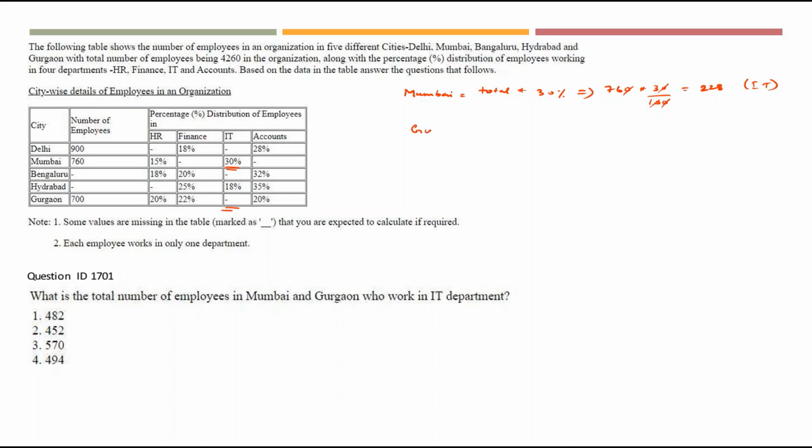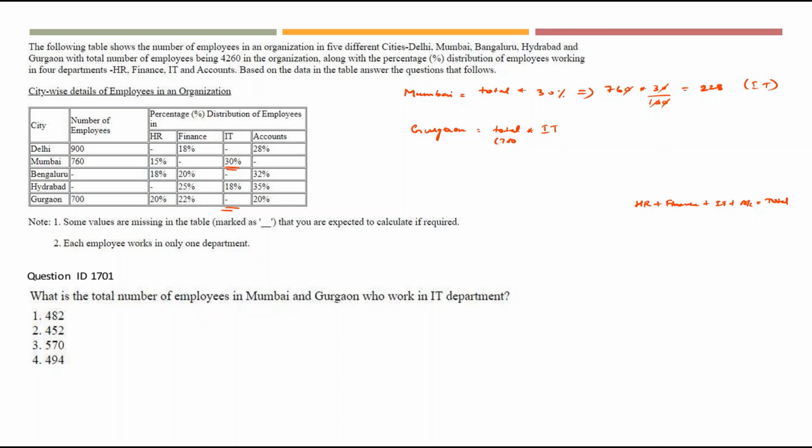Now it's the turn of Gurgaon. Here the total count will be 700 into the percentage, which has to be found for IT now. The percentage is the distribution of employees in all 4 departments. So when I sum up HR, Finance, IT and Accounts, I will have the total count of employees.